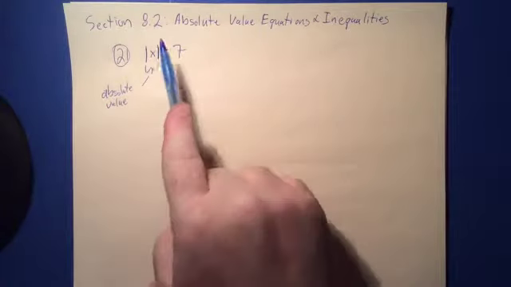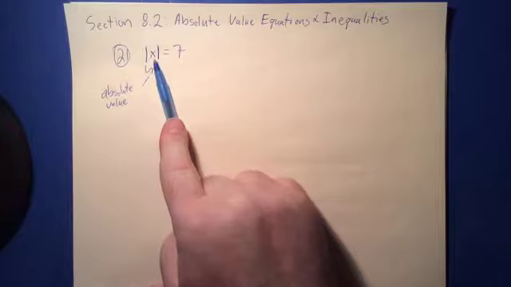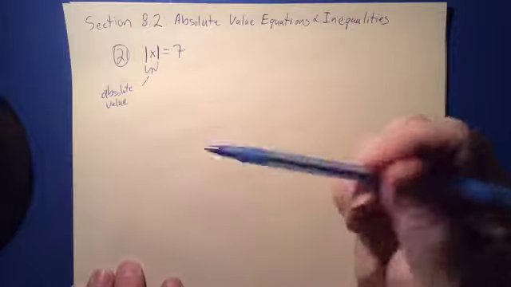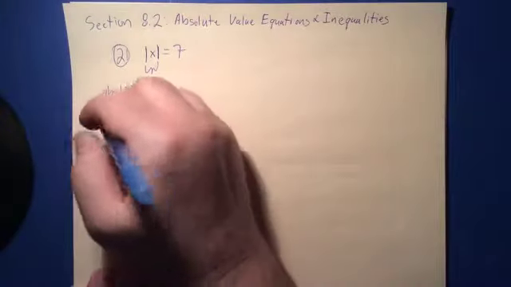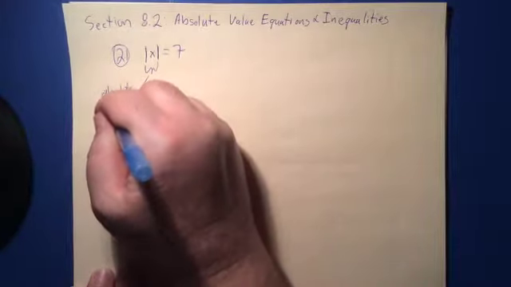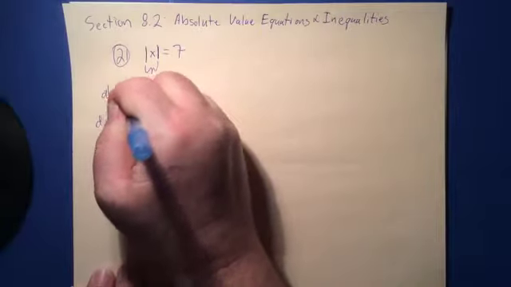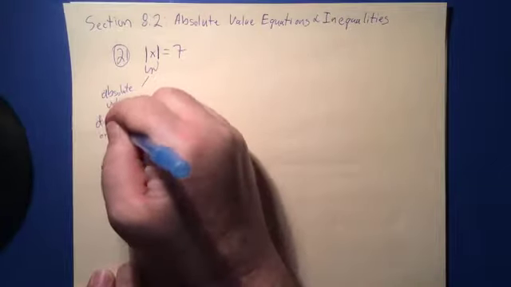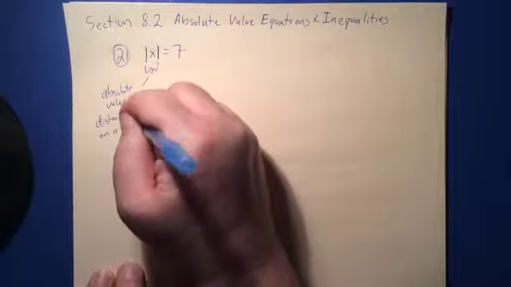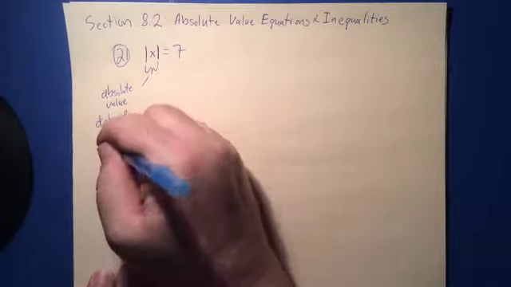You can take anything inside of this, and whatever you put in, whether it's positive or negative, it's going to make it positive. So the absolute value is really the distance on a number line any number is from 0.